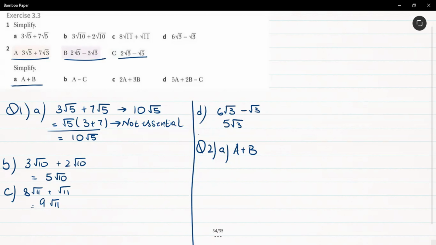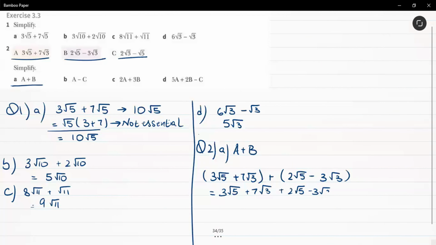Just first of all copy down A. Okay, 3 under root 5 plus 7 under root 3, plus, just copy down B, 2 under root 5 minus 3 under root 3. Simplify the brackets, we get 3 under root 5 plus 7 under root 3 plus 2 under root 5 minus 3 under root 3.